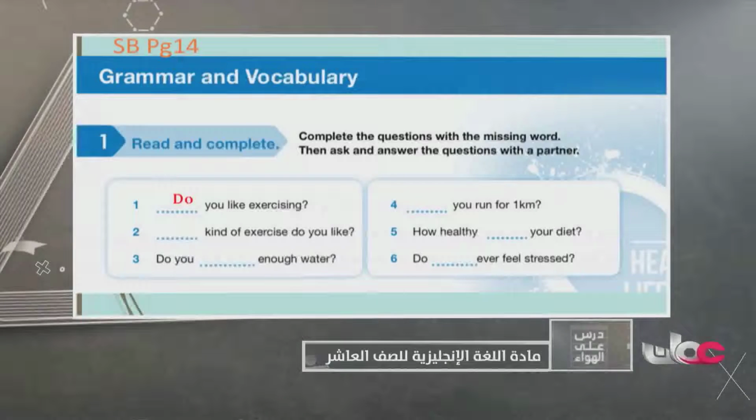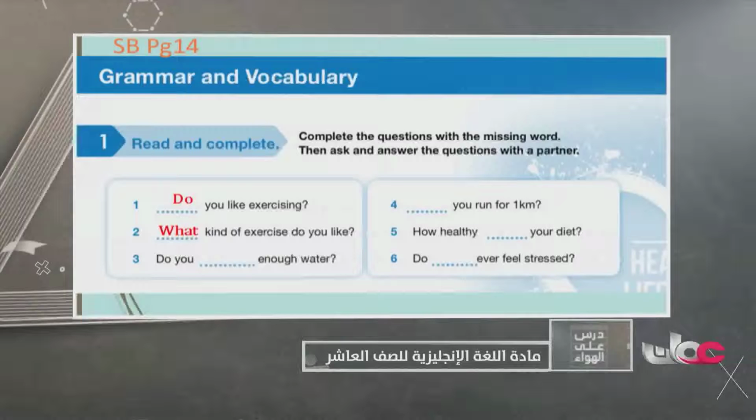No. So we should use one of the auxiliary verbs and the best one is do. Number 2, kind of exercise do you like? So we should use what? One of the WH question words and the best one is what.